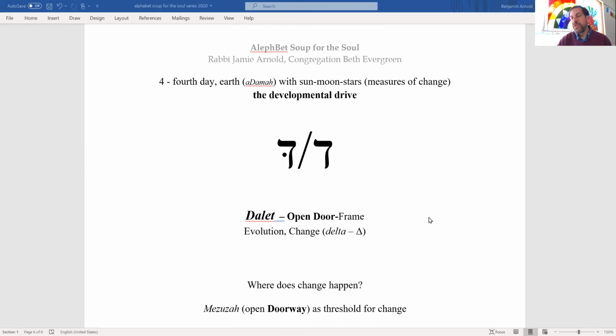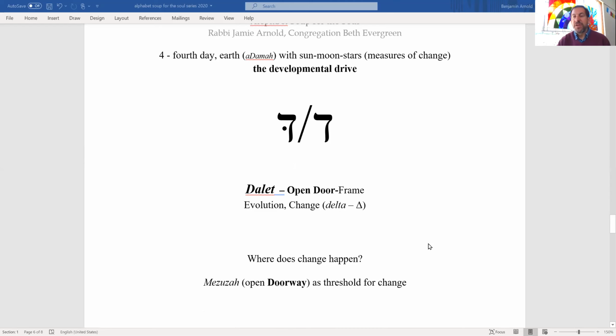So the Dalet, which is drawn as an open door or an open door frame, represents evolution, change, right? The delta. So where does change happen? One of the metaphors we use to describe change is a doorway, a threshold for change, moving from one space to another. Like a new chapter in life, you go from one space to another, moving. Even the word for a door frame in Hebrew, a mezuzah, has at its root the word zuz or zaz, which means to move, literally to move.